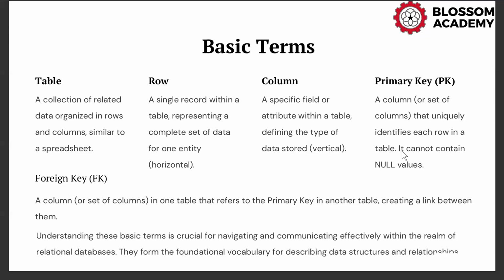Those numbers we call the primary key, because they help us identify each record uniquely. So I know number 1 is the first customer, number 2 the second, number 3 the third, number 4 the fourth.